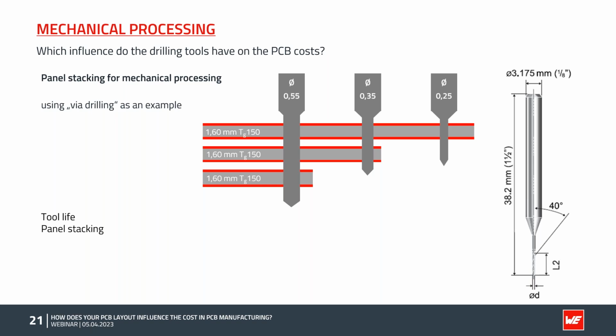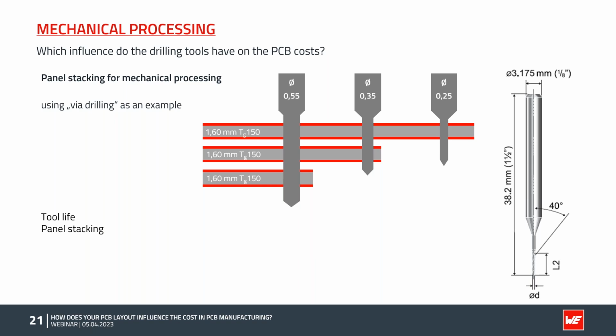And here you see this explained. The thinner the tool, the less on the one side. And if you look on this drill bit on the right side, you see this marker L2. So this is the actual usable length of this drill bit. And the thinner the tool gets, the shorter L2 gets.